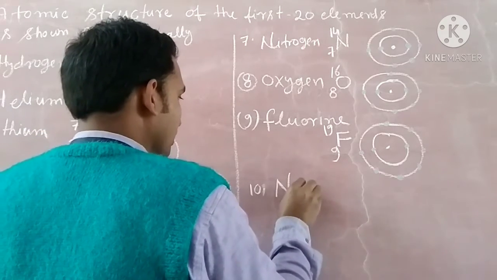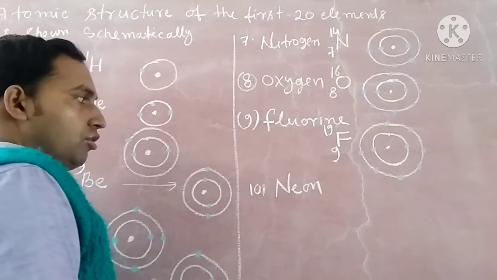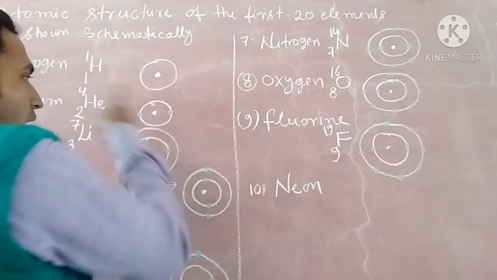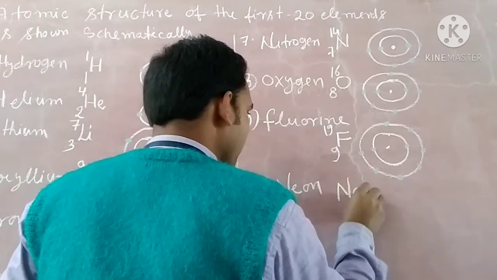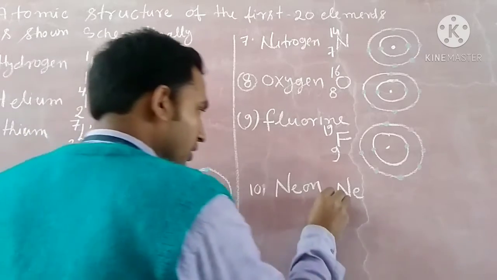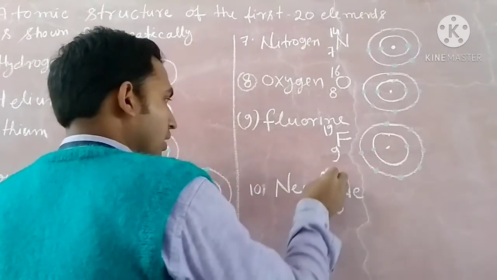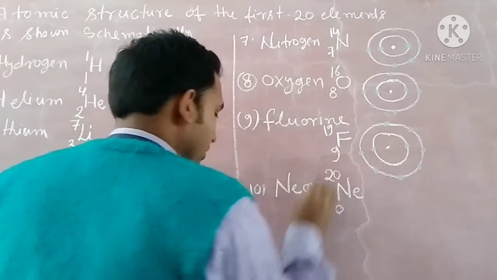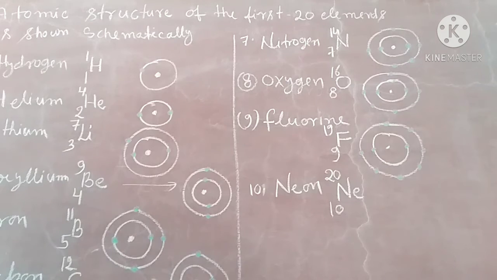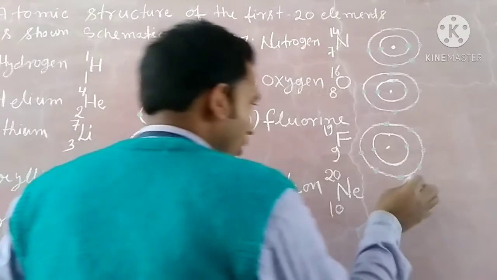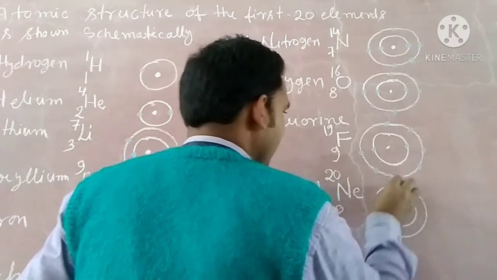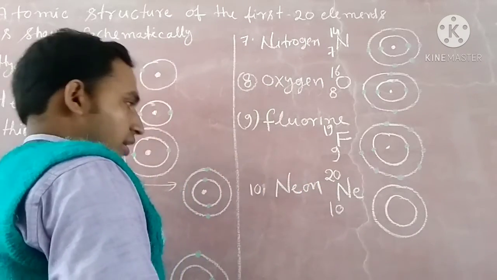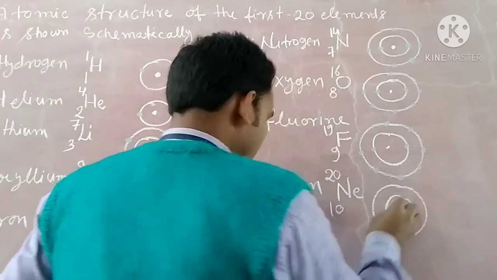Neon, which is known as a noble gas element. Helium and neon are noble gas elements. The symbol is Ne. Atomic number 10. Mass number 20. Okay. Their mass number is 20. So their schematic diagram: first cell, second cell. You see here, this is the nucleus.